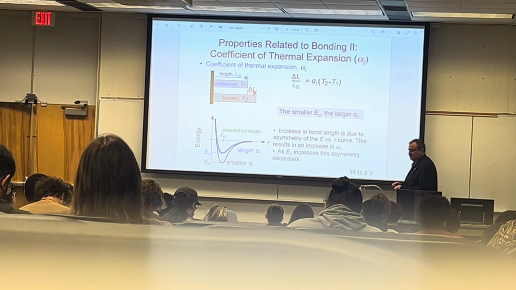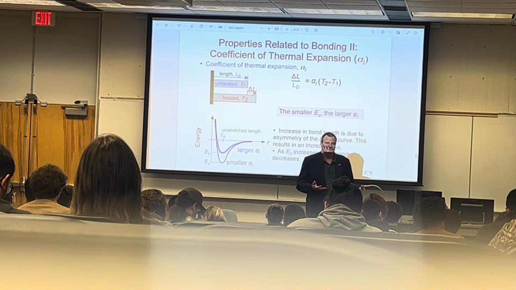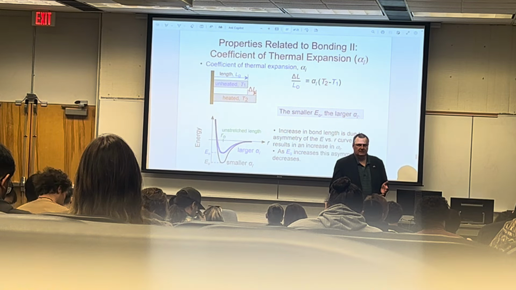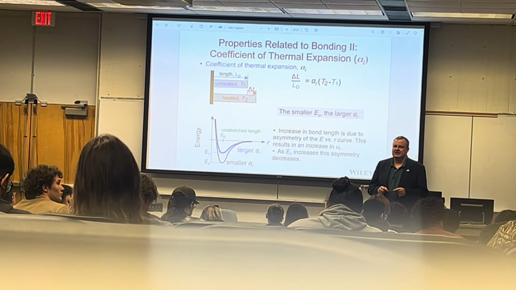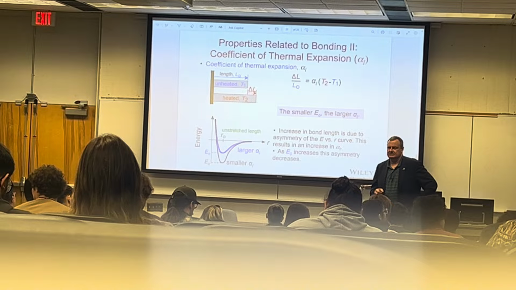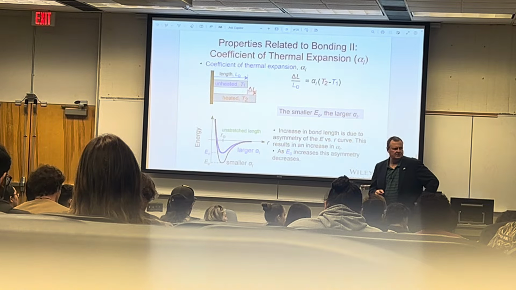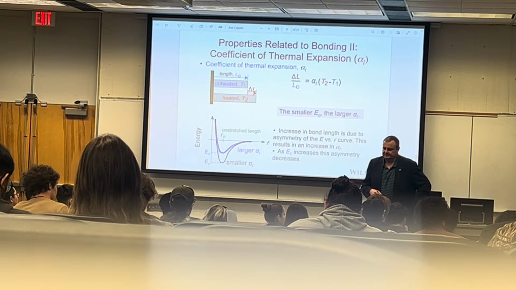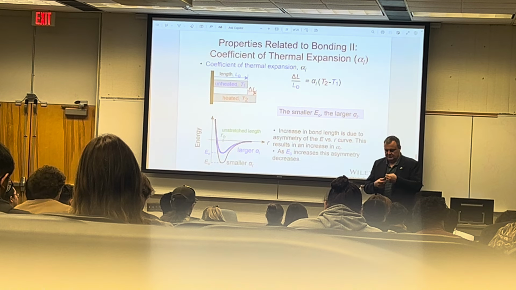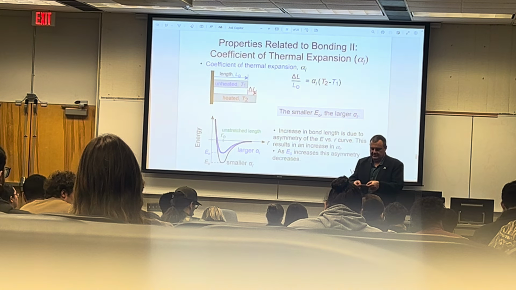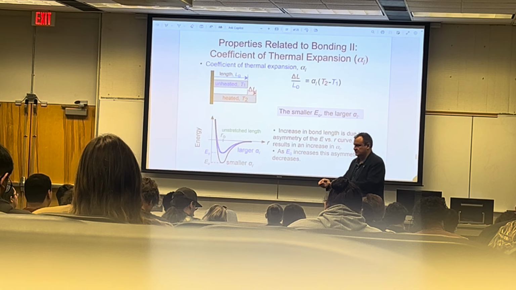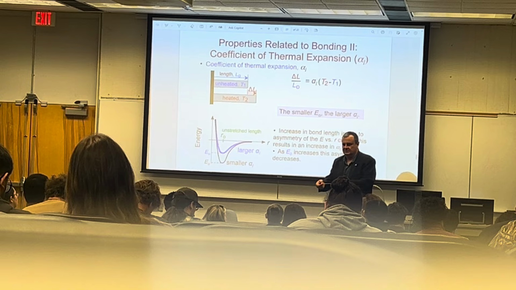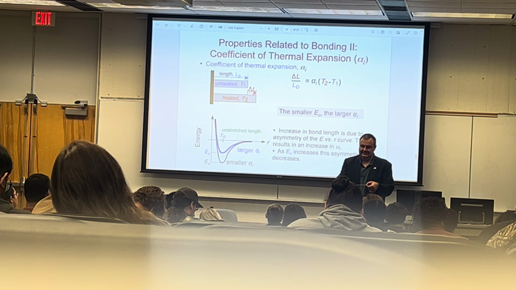What happens to most of the materials when they are heated up? They expand. And if something elongates, I did come prepared this time. See this rubber band? I apply the force, and as a result, it elongated.